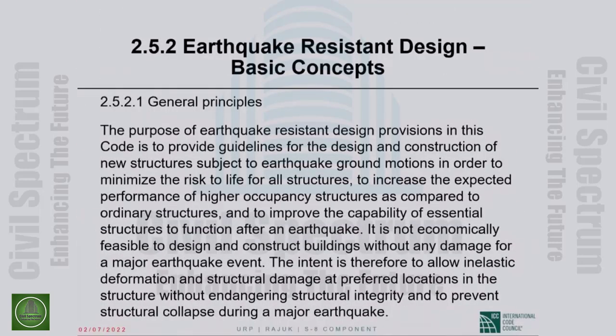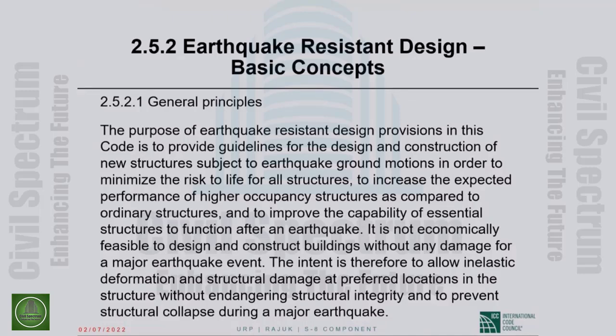Now, BNBC, I would say, unlike most codes, gives you general principles and some advice of what is good for an earthquake-resistant structure. This we typically don't do with our codes. As years have gone by, we have become more and more rigid about the code containing only enforceable requirements.